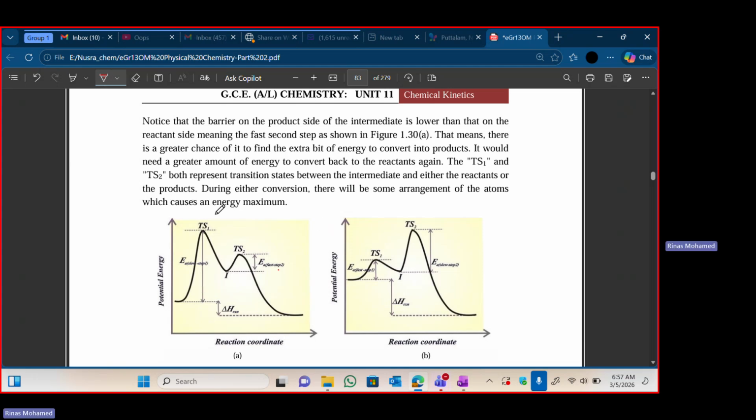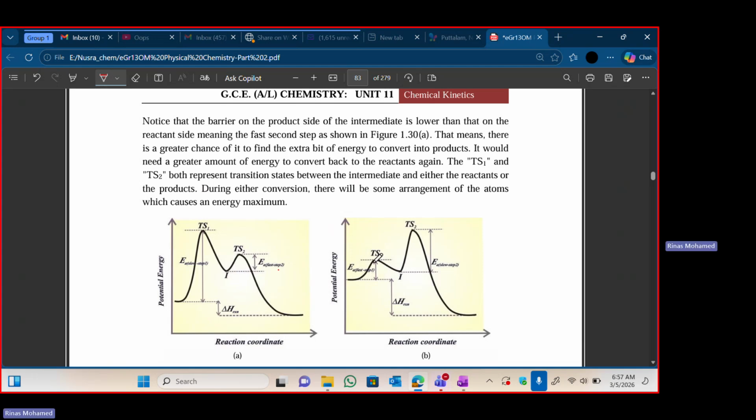By looking at the graph, another thing we can conclude: the first step's activation energy is very high. The second step's activation energy is lower than the first one. Activation energy is high means the barrier is higher, so step 1 is slower. Step 2 is faster.